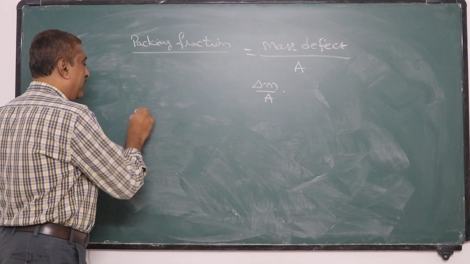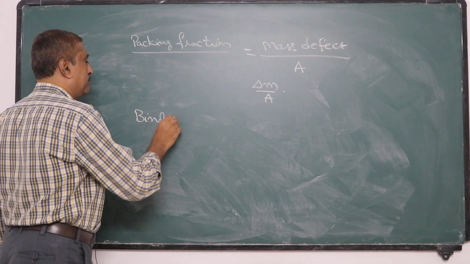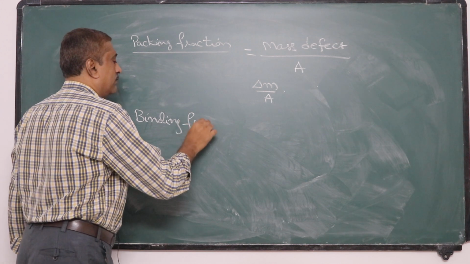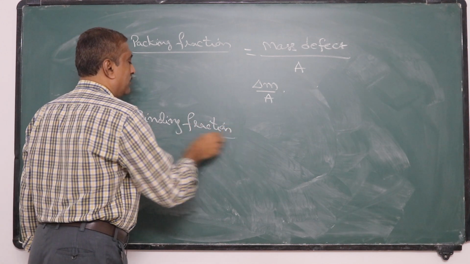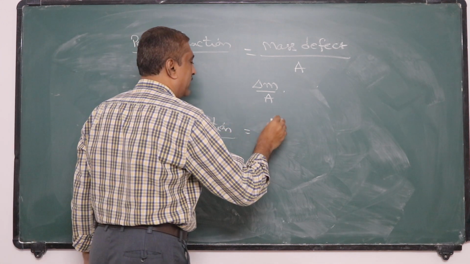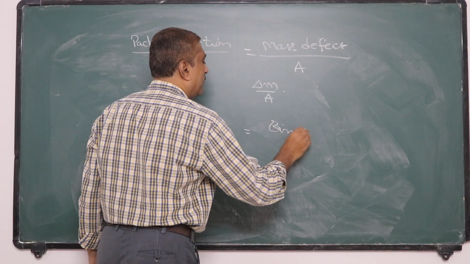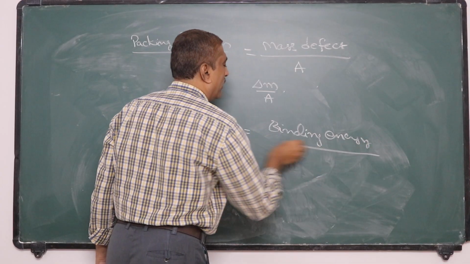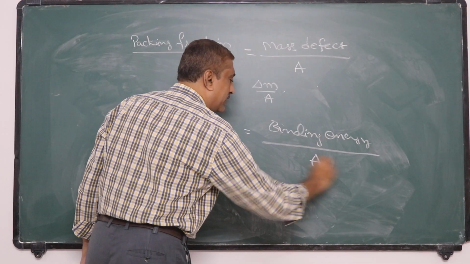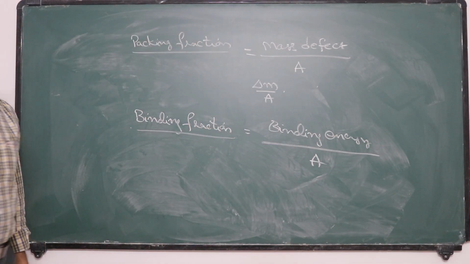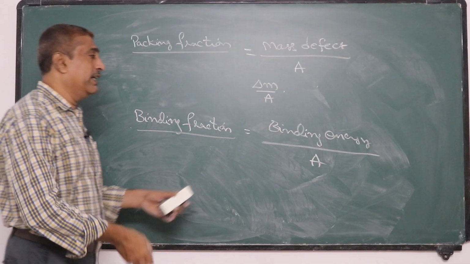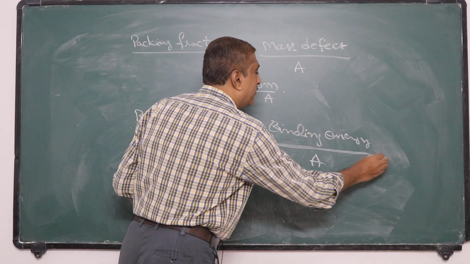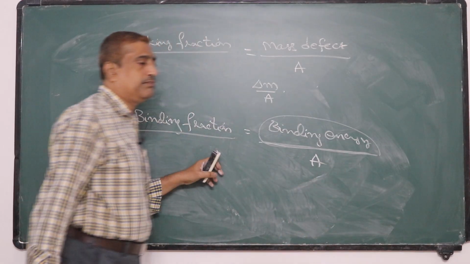Similarly, binding fraction is defined as binding energy per nucleon. That means binding energy divided by its mass number. Binding energy is the energy released when all the nucleons combine.